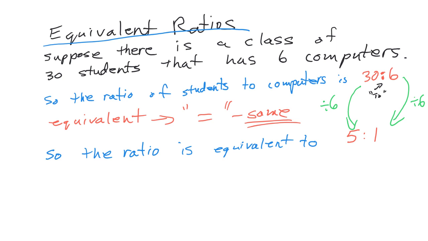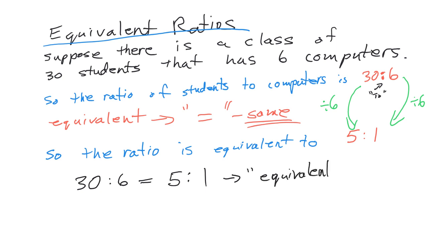Now, let's talk about how we can come up with these things called equivalent ratios, which is what this statement means. When I say 30:6 is equal to 5:1, these are equivalent ratios.